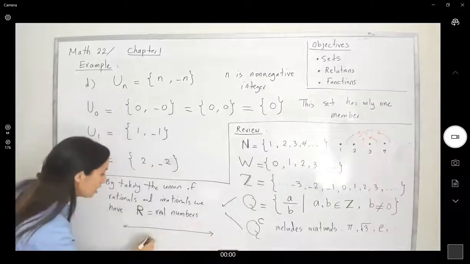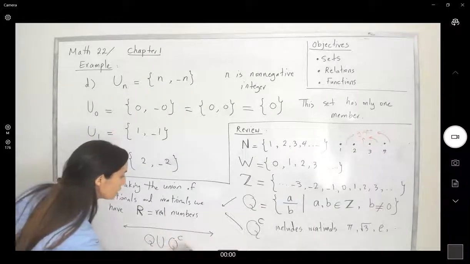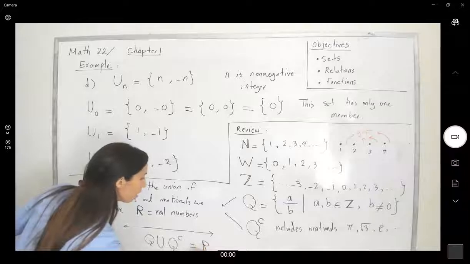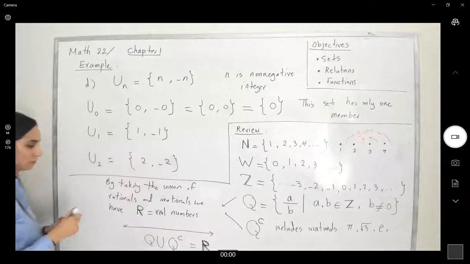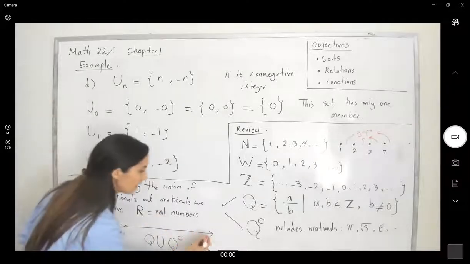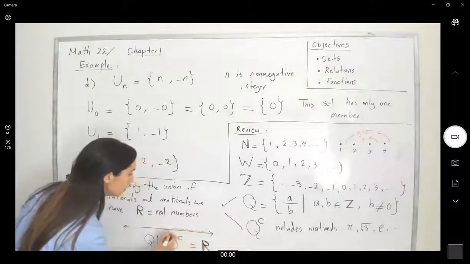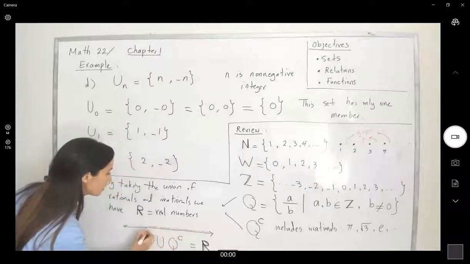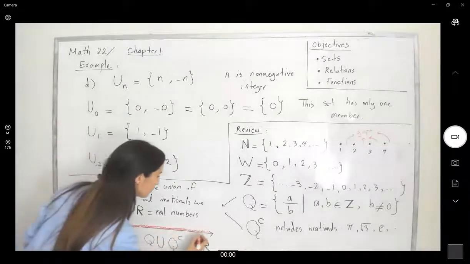This is R, usually denoted by Q union QC equals R. Every member on the real number line or x-axis belongs to R.